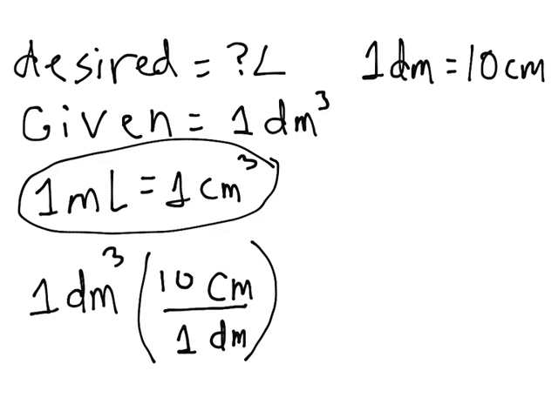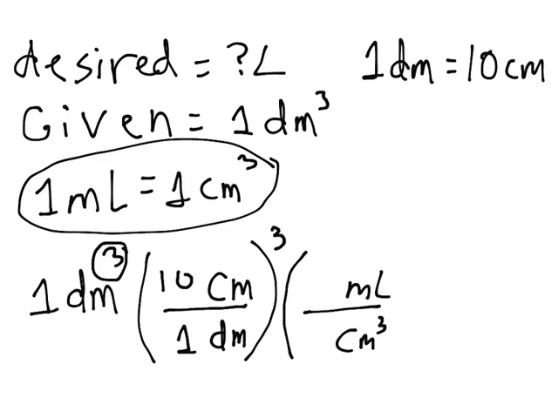But there's a problem because this is in decimeter cubed, and this is only in decimeters. So what you will do is simply cube the whole thing. So this is not going to be a 10. This is going to be 1,000. You have to make sure of that. Now you can convert from centimeter cubed to milliliters. So you're going to write here centimeter cubed and milliliter using this conversion, and you know that 1 centimeter cubed is going to be 1 milliliter.